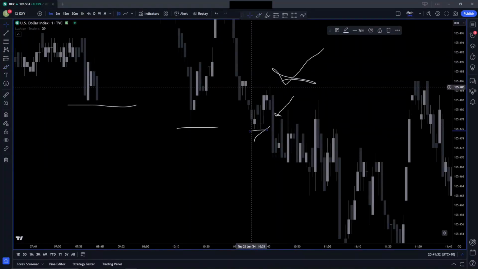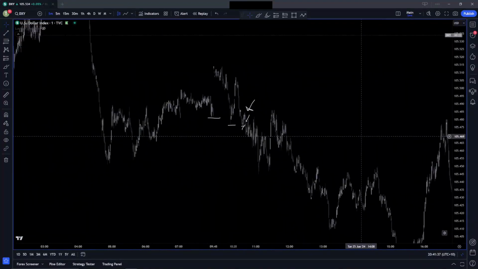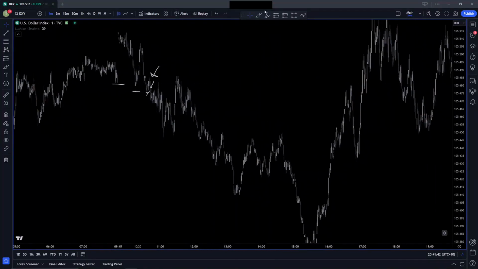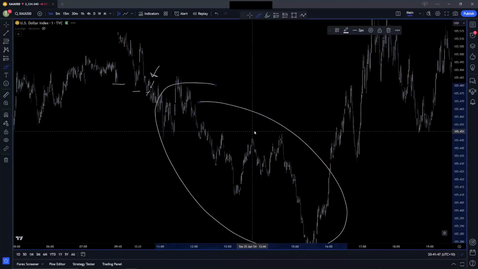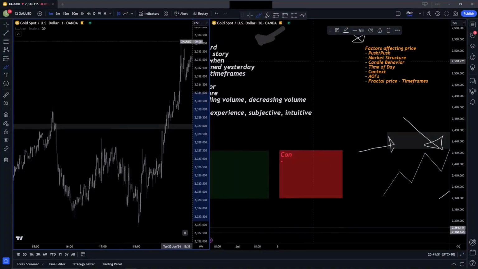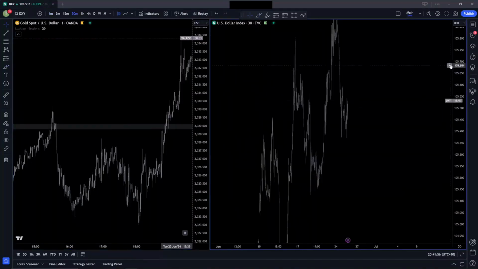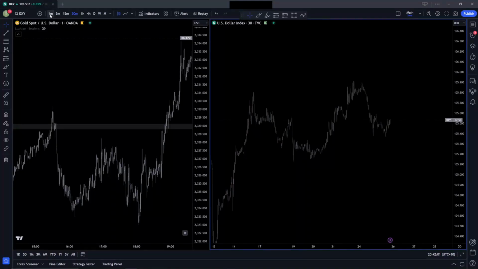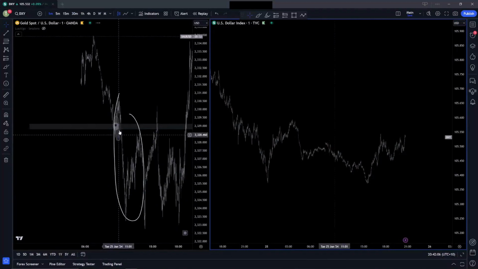So when overall you're moving bearish on DXY and bearish on gold at the same time, you can still find little things, even though overall the structure of both is moving bearish.